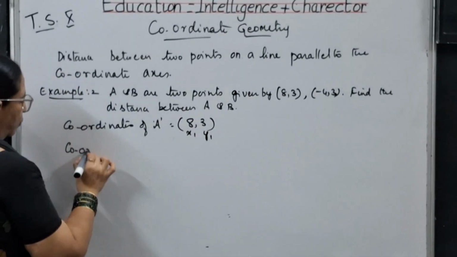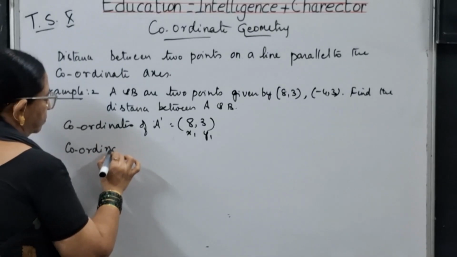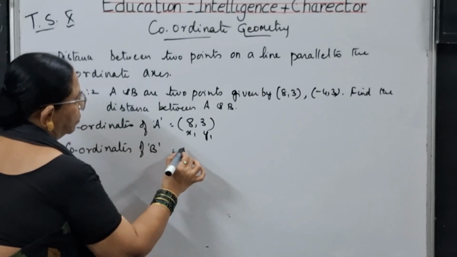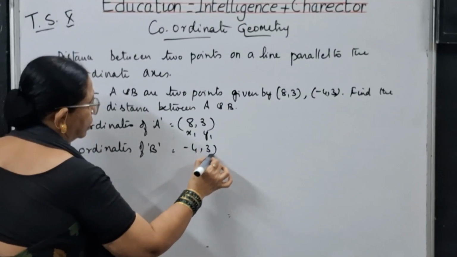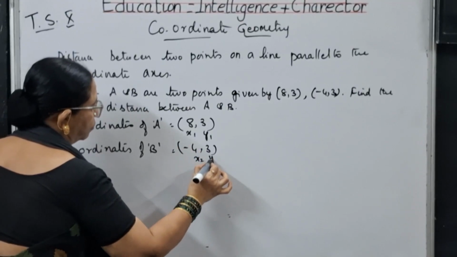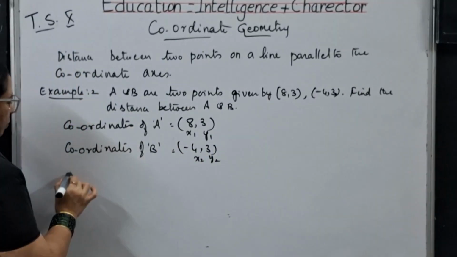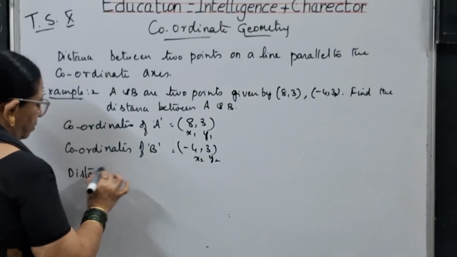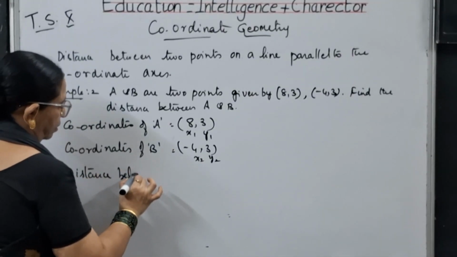And coordinates of B is equal to (minus 4, 3), x2, y2. Now we have to find the distance between A and B.